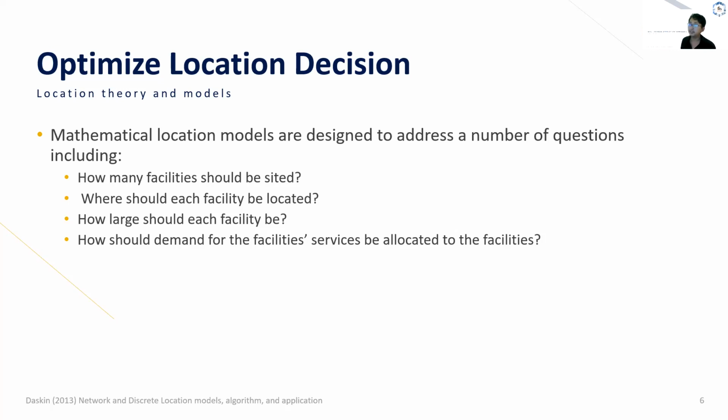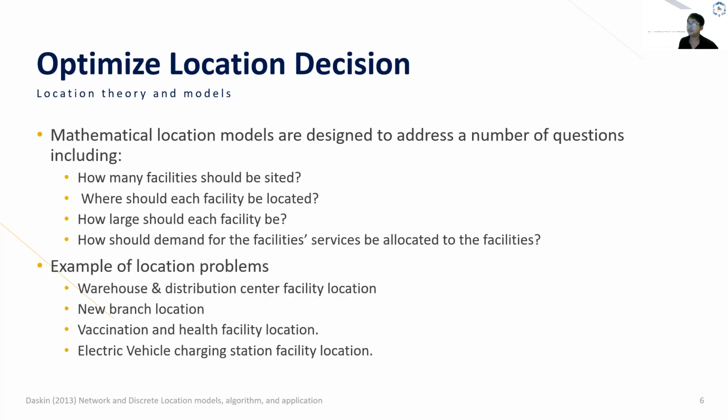Okay, but the question is, how many facilities do you need to serve all those demands, where should those facilities be located, how large, how much capacity is necessary, and so on, the similar questions that I pose here. So basically the question related to location decision is similar to what is shown in the slide here.